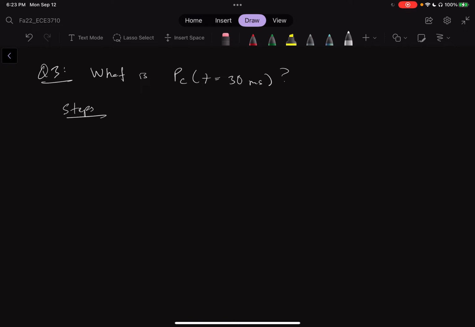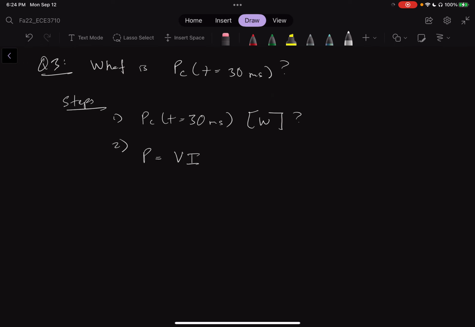We are solving for the power of the capacitor at t equal to 30 milliseconds, which has units of watts. How do we do that? We recall that P is equal to V times I. More specifically, power of the capacitor as a function of time is equal to the voltage times the current of the capacitor.